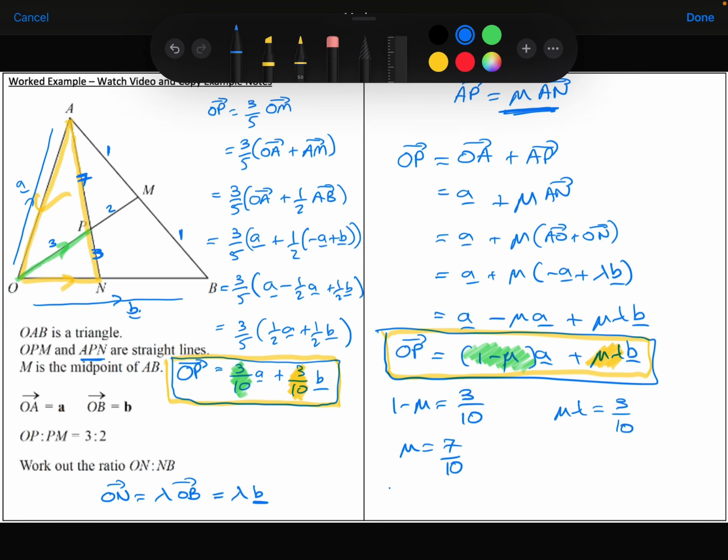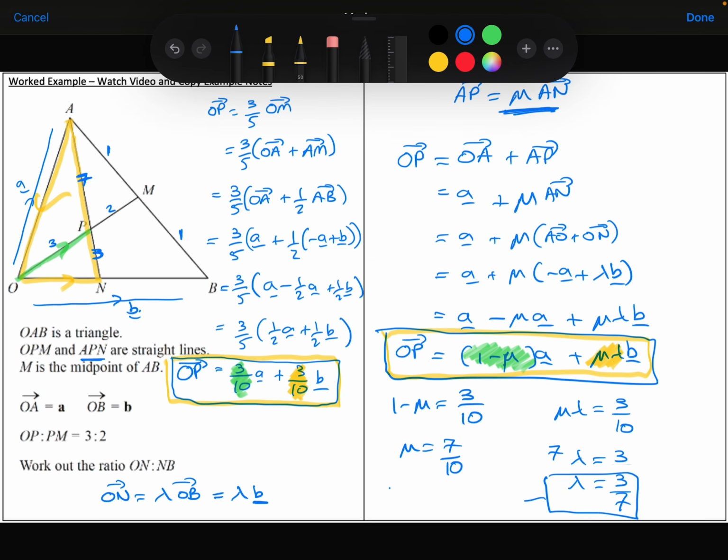And given that I've just worked out mu, I can say that 7/10 lambda is equal to 3/10, times both sides by 10. And I find that lambda is 3/7.